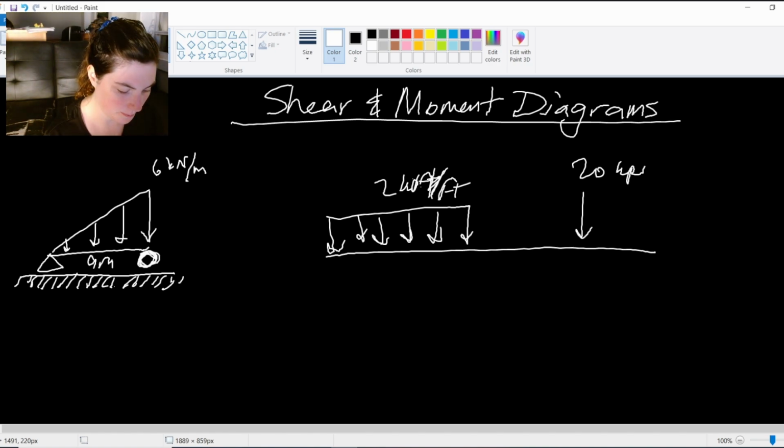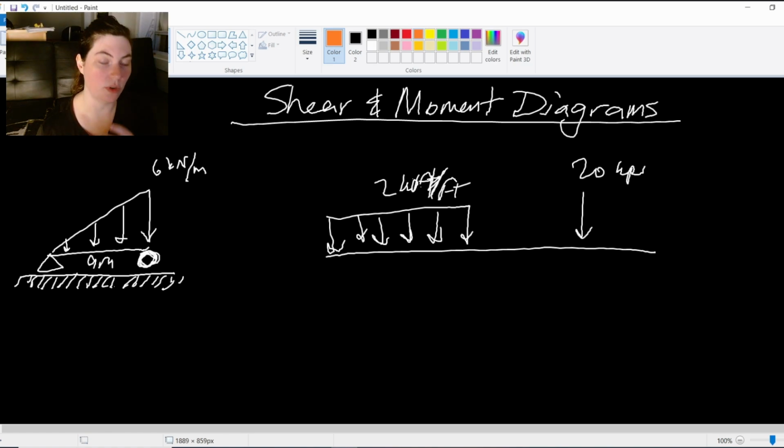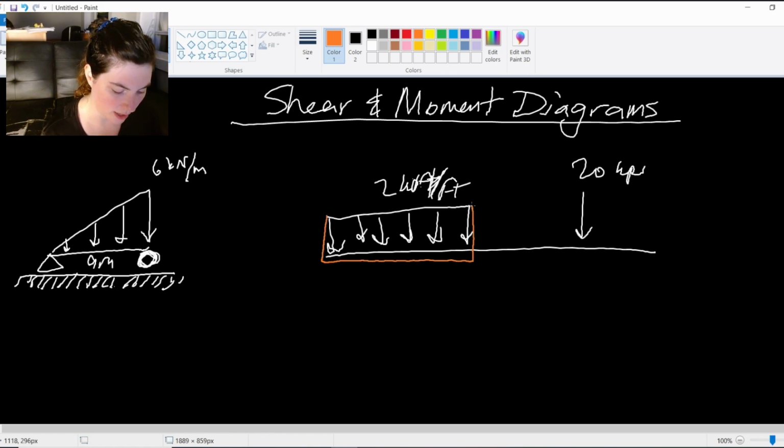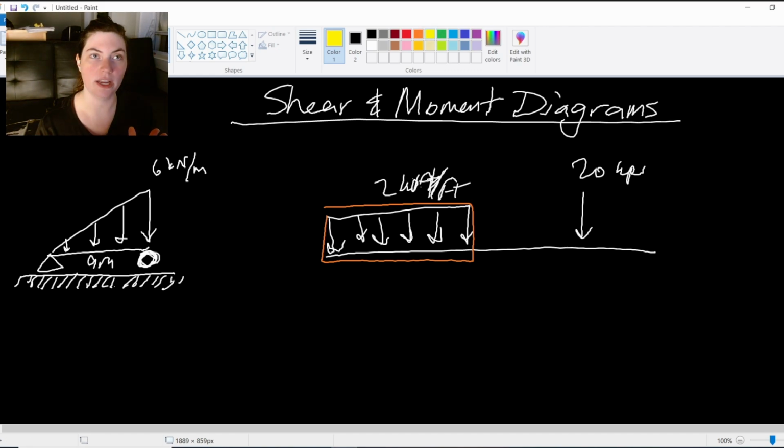So here, in this example, I have 3 loading regions, three areas of continuous loading. I have this distributed load area here, where it's a constant 2 kip per foot. And then my next area is where it stops, right up until the 20 kip applied load.